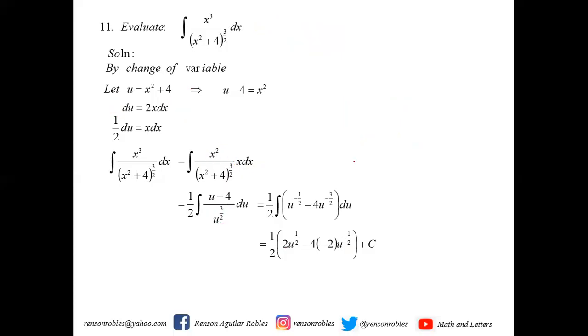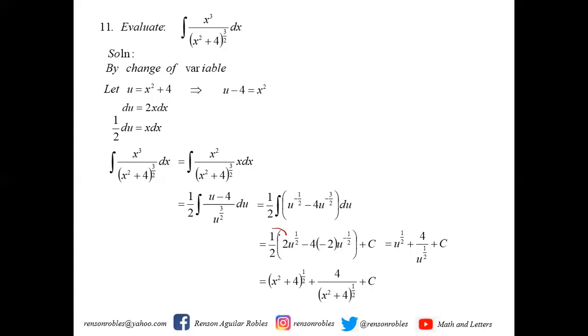And then the next thing you need to do is to introduce 1/2 to each term inside the parentheses, and then you replace u by our x squared plus 4. So you have 1/2 times 2, that's 1. Then u raised to 1/2 is x squared plus 4 raised to 1/2. Plus, this is negative 4 times negative 2, which is positive 8.